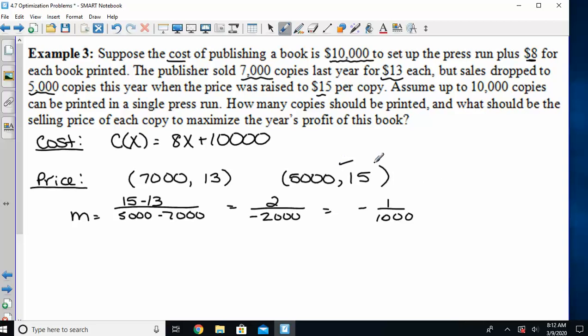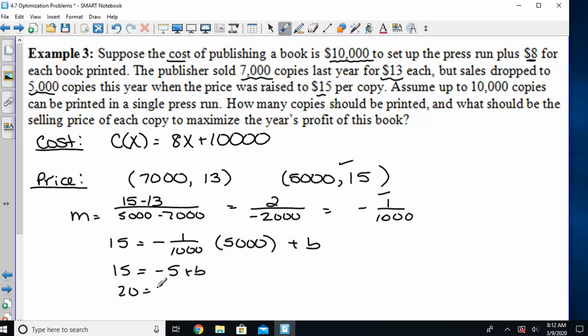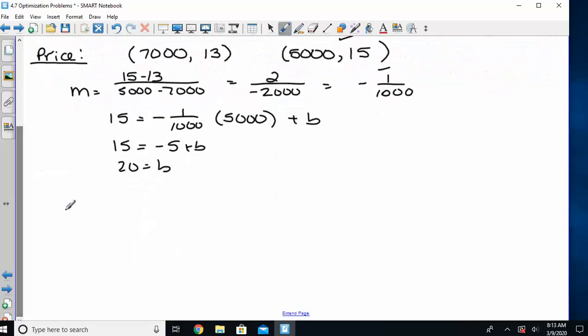So I'll just do the second point and slope. So 15 equals negative 1 over 1,000 times 5,000 plus b. So my y-intercept is 20. So that means my price equation, lowercase p is price, is negative 1 over 1,000x plus 20.